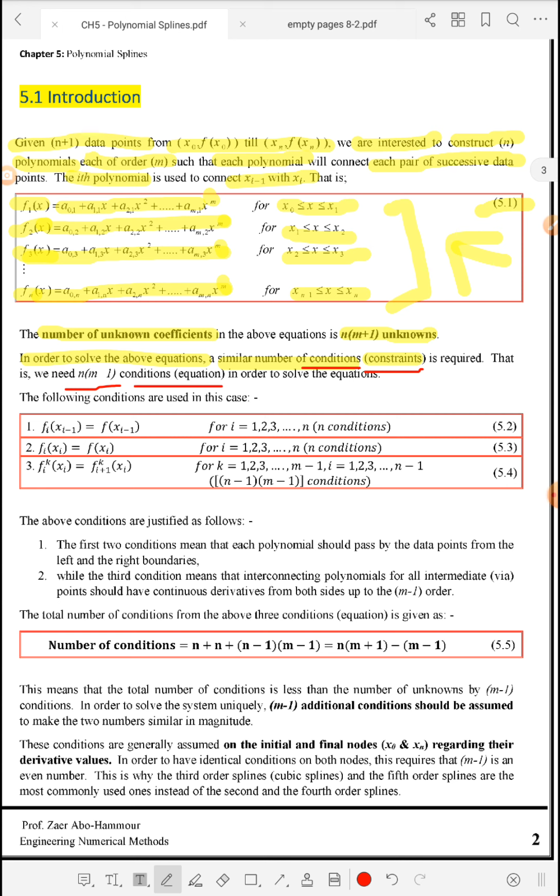So how can we generate those equations, or conditions, or constraints?